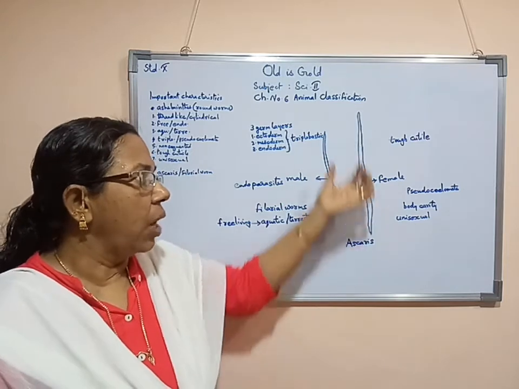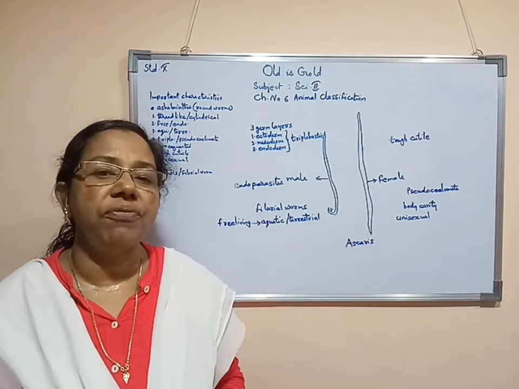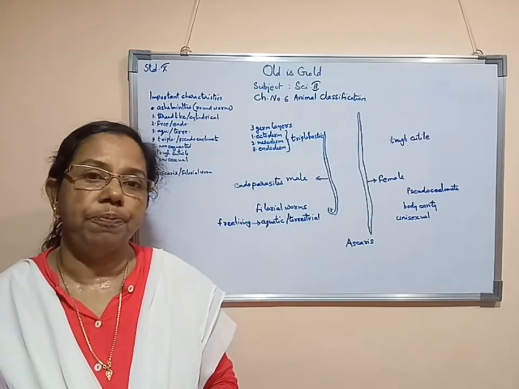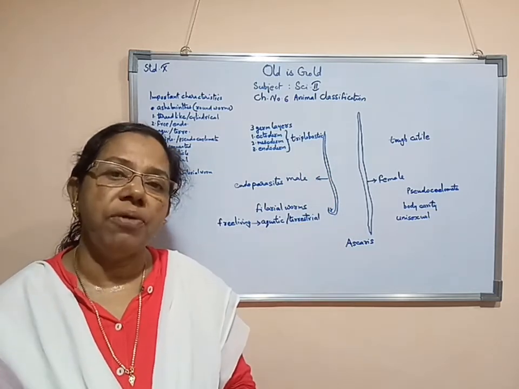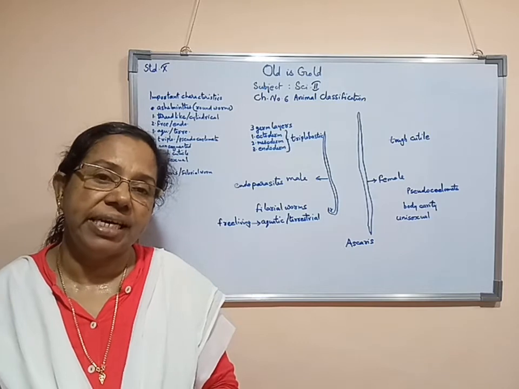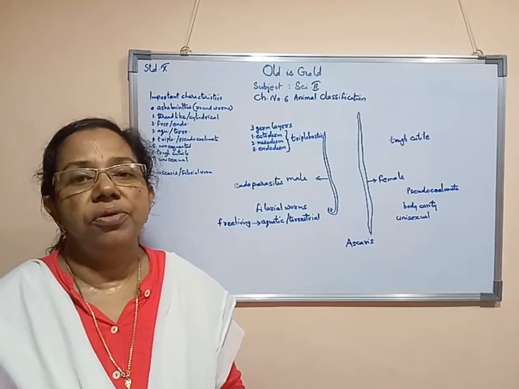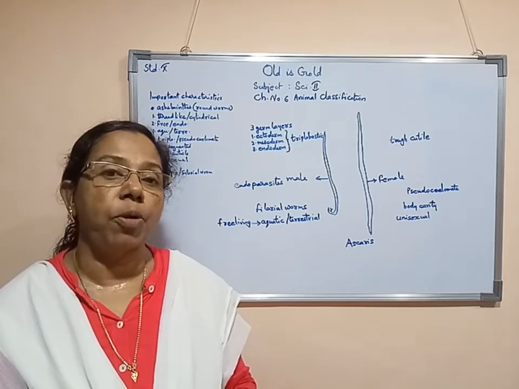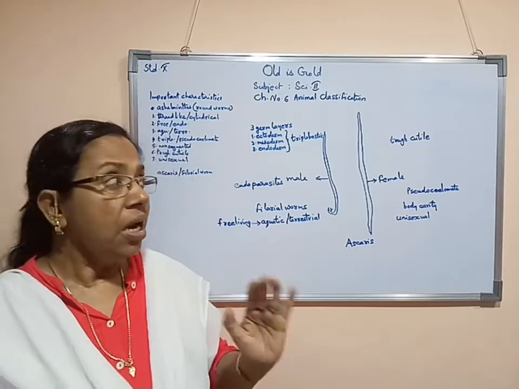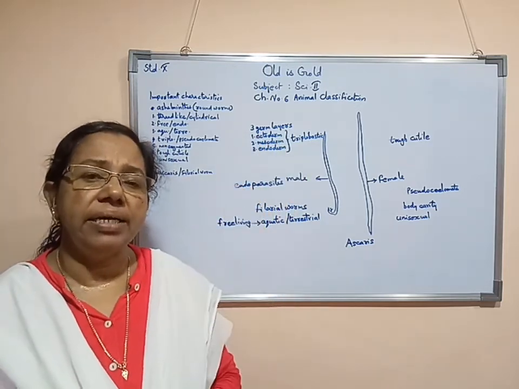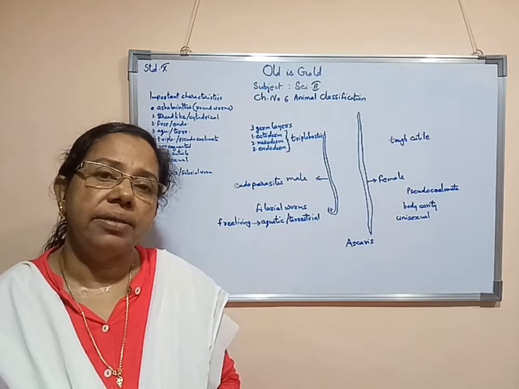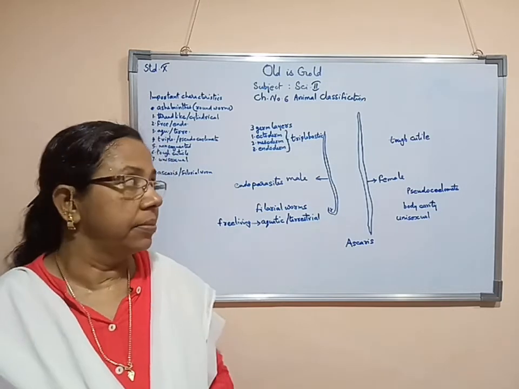Their skin, the outer cover, is made with the help of a tough cuticle. Then their body wall is made with 3 layers of cells, so we are calling them triploblastic. First layer is known as ectoderm, second layer mesoderm, third layer endoderm.